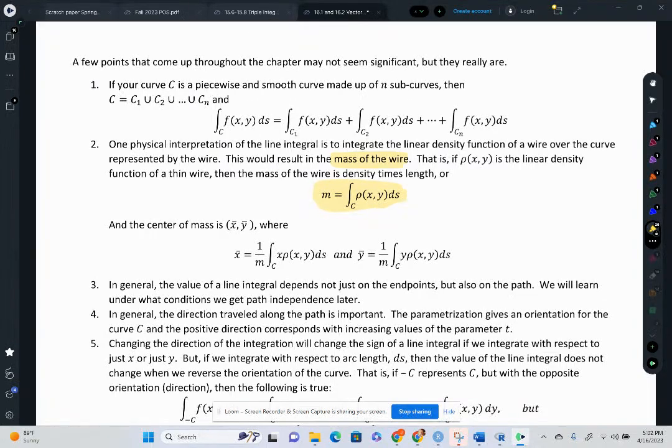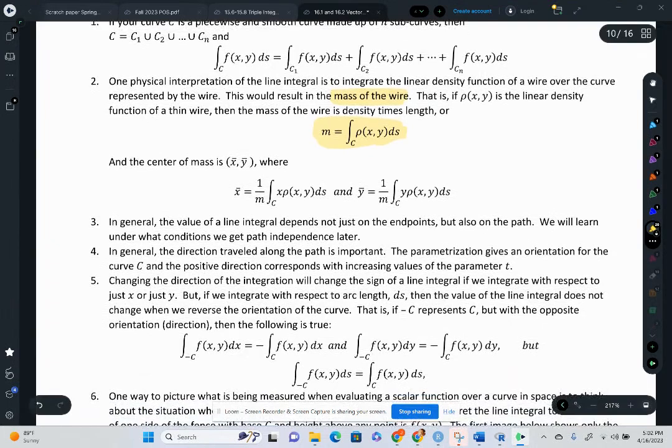And we'll learn later when we don't have to worry about the path. In general, the direction traveled is also important. If the parametrization gives an orientation for the curve C, then the positive direction corresponds with increasing values of the parameter t.